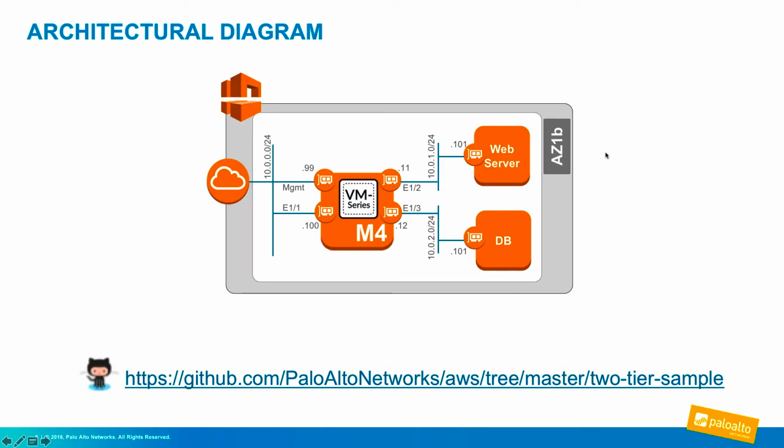We will start this guided demonstration by going back to the architectural diagram. The reason for that is we have here our URL, which is going to take us to a GitHub repository with a 2-tier sample that holds all the required documents as well as configuration files and CloudFormation templates, which we will need to deploy this architecture.